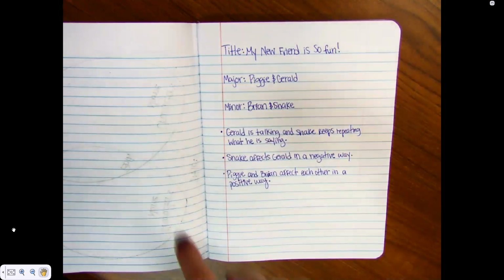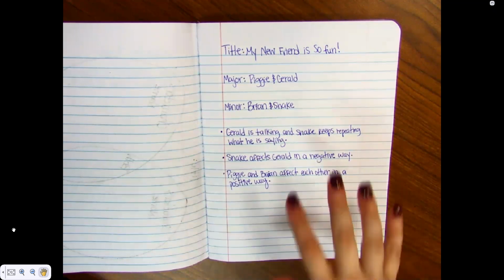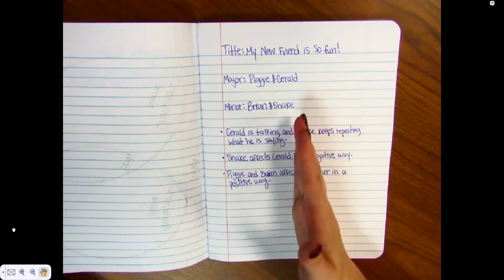A lot of you did a really great job on that. Even just doing something really simple like that in your journal is a great way to help yourself when you're looking at characters, because you want to determine how the character acts, because then that's going to help you with this, okay?